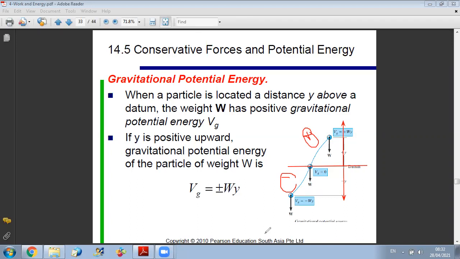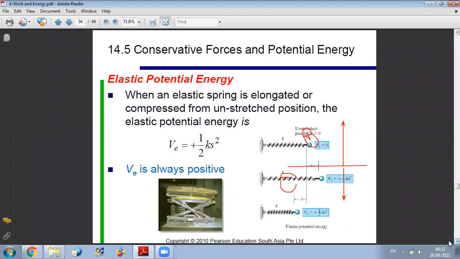now concerning the elastic potential energy, the elastic potential energy is given by half k delta S square, where delta S represents the stretching or compression of your spring.